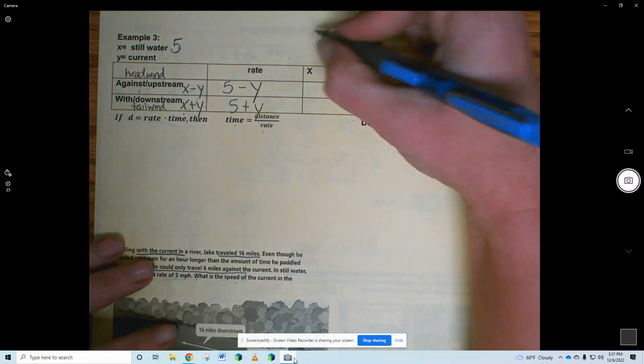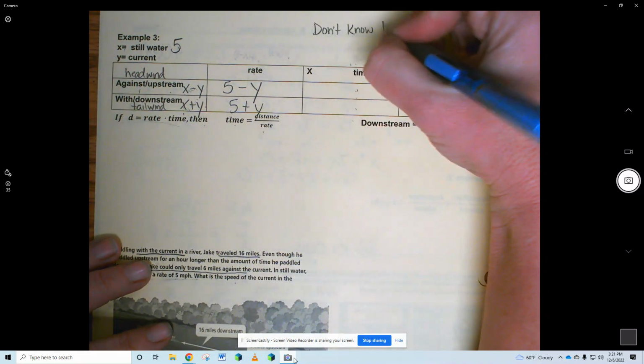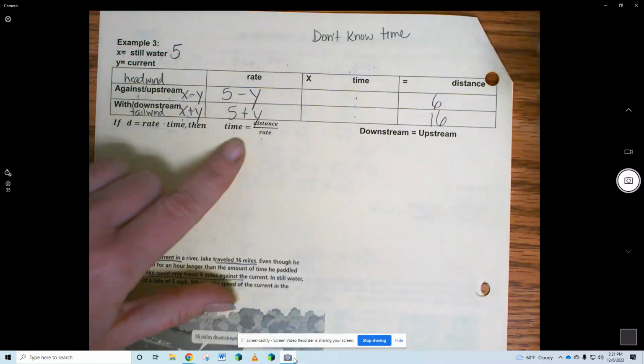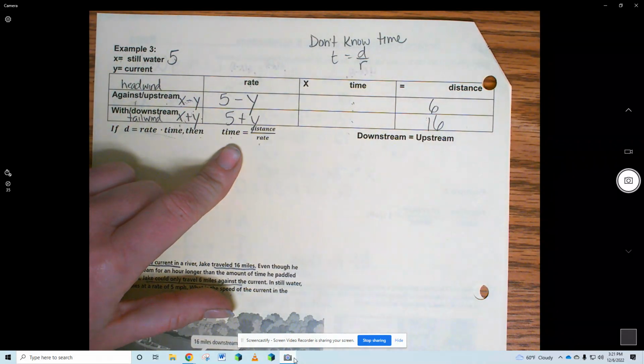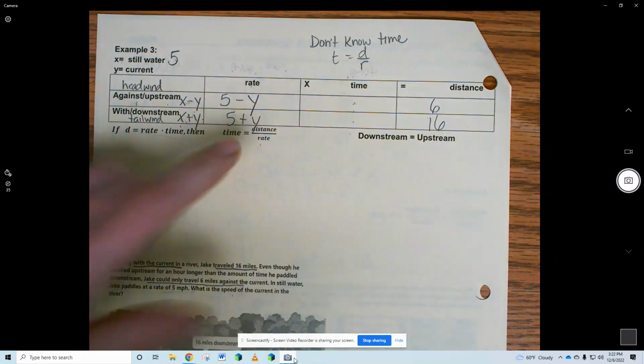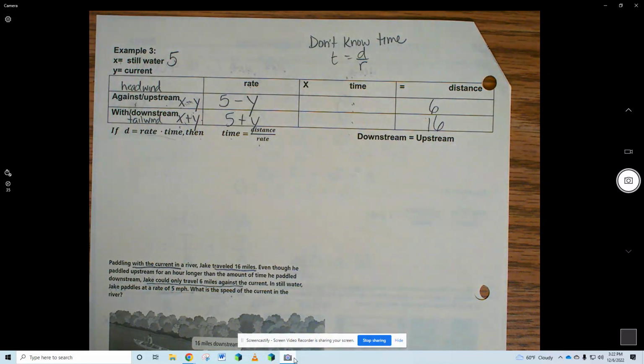I don't know the time. I need to use that time equals distance over rate, because I can't just put a t in my equation since I already have a y. I don't want two variables.